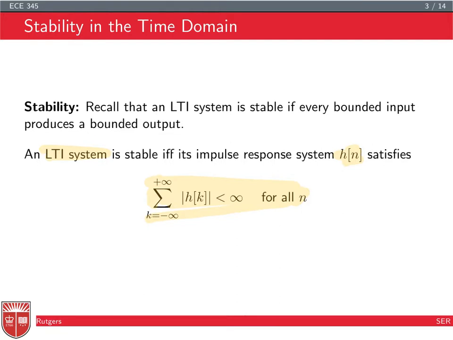Here there's no n, so I'm going to fix it later. This property is usually referred to as the impulse response of the system being absolutely summable.